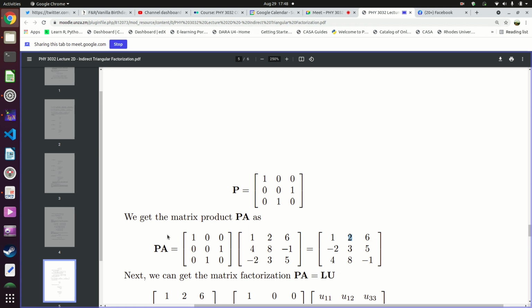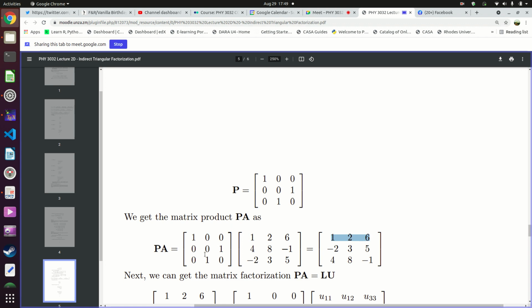Then 1, 0, 0 times the third column: 1 times 6, 0 times minus 1, 0 times 5, so I get a 6. So you can see my first row has not been changed.